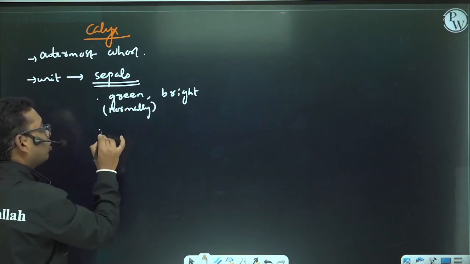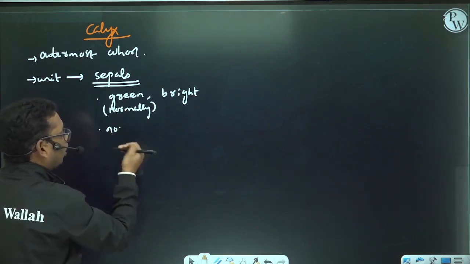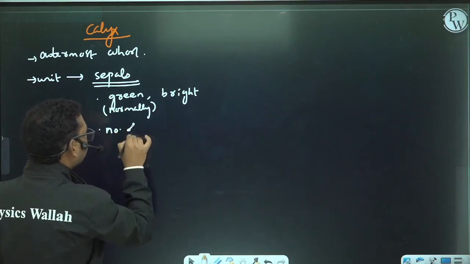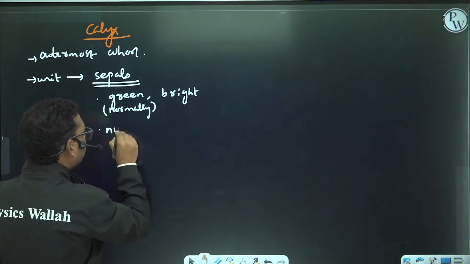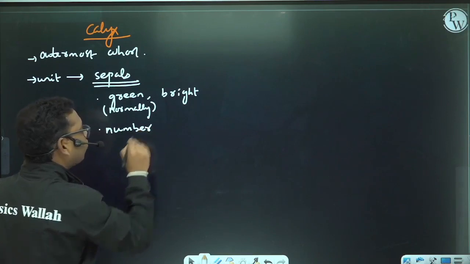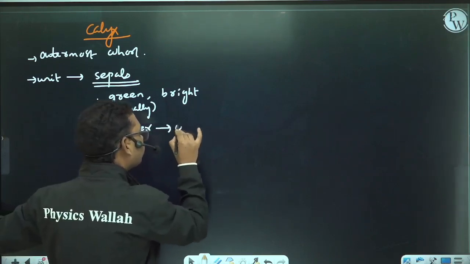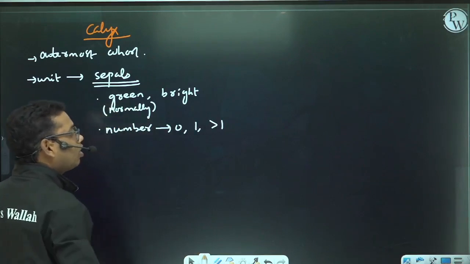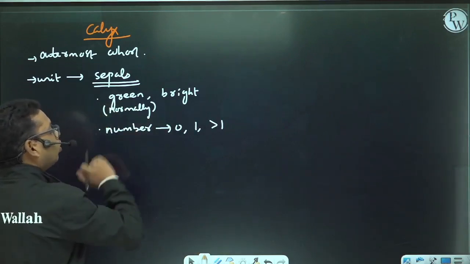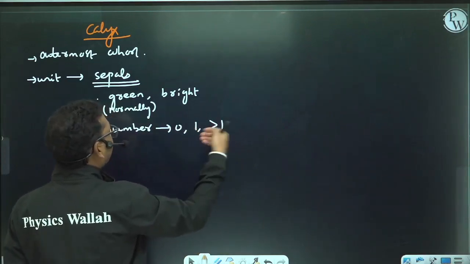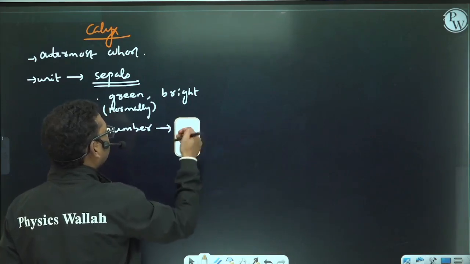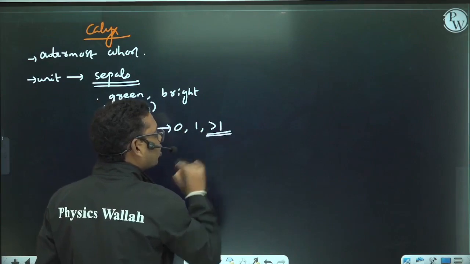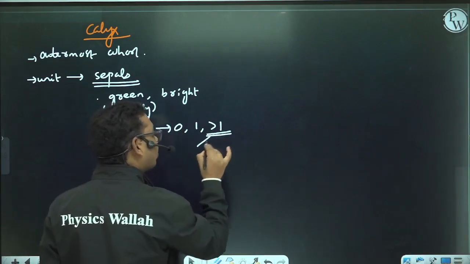The number of sepals per flower can be 0 or 1 or more than 1. If more than 1 sepals are present, we have two conditions.